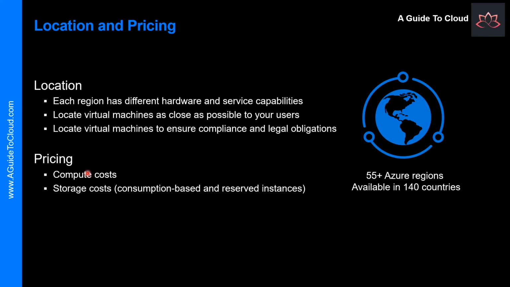Another thing to consider while planning for a virtual machine is to know the pricing options. There are two separate costs the subscription will be charged for every VM: compute and storage. By separating these costs, you can scale them independently and only pay for what you need. Let's talk about the compute cost.